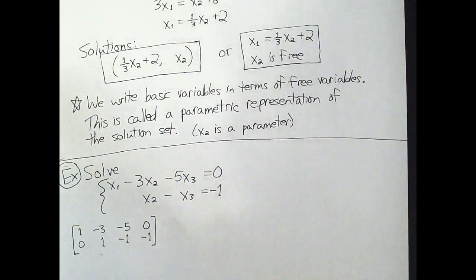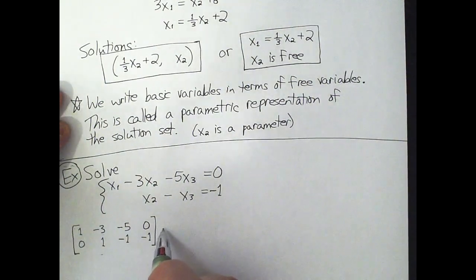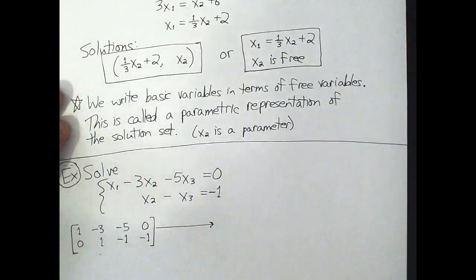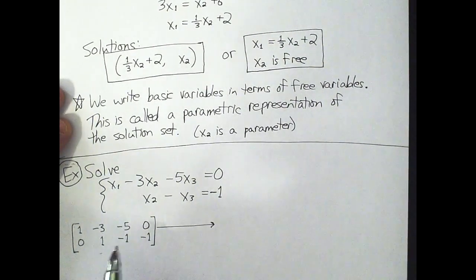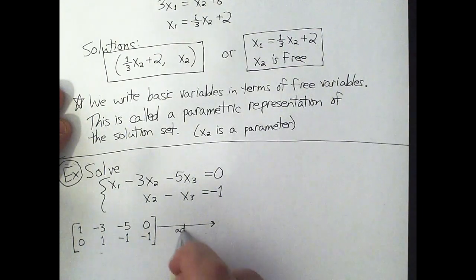It's not in reduced form. So I would like to do maybe 1 row reduction step to get this into reduced form. And I think that means trying to get rid of this -3. If we could turn that -3 into a 0, I'd be happier with this. So I'm going to add 3 times row 2 to row 1.